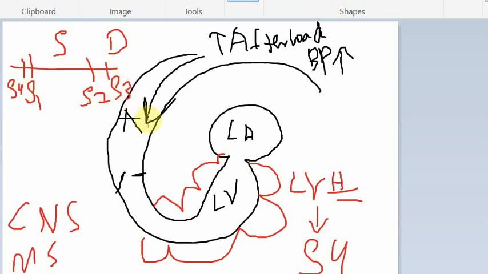So, okay, a lot of students find it really difficult to detect an S3 or S4 when they listen to it. So to make it simple for you guys, I will make the following sound. This is S1, S2, S1, S2. Now I will make an S3.